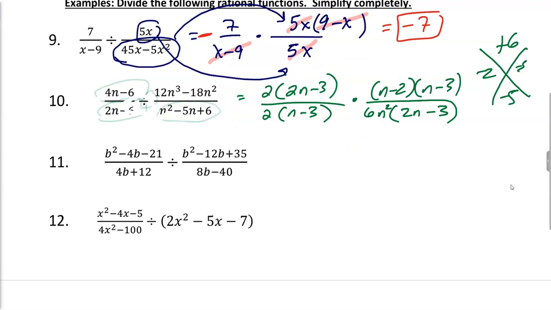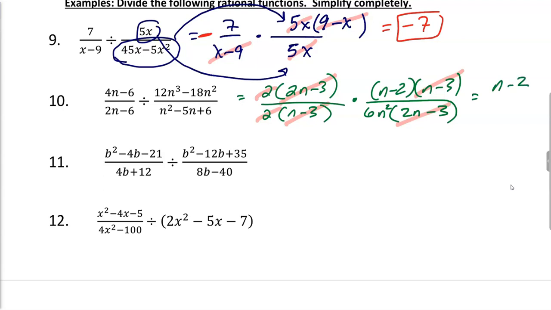Okay, are we ready for the crossing off part? So then I go, boom, boom, boom, boom, boom, boom. Cool, right?